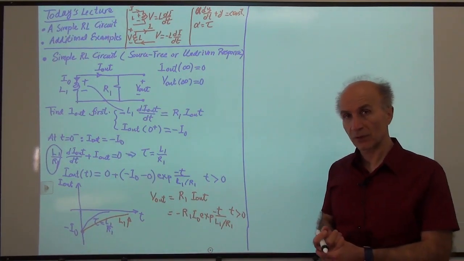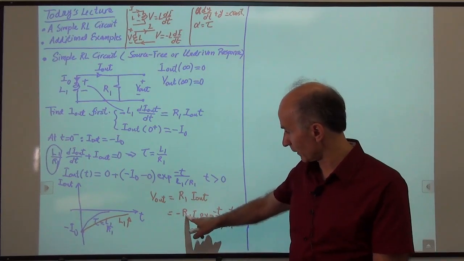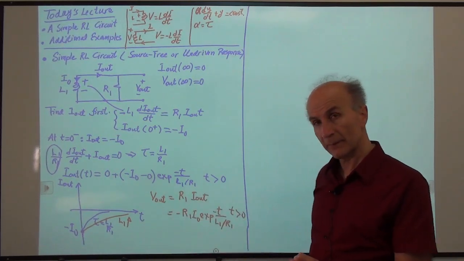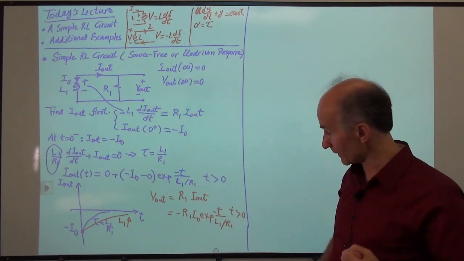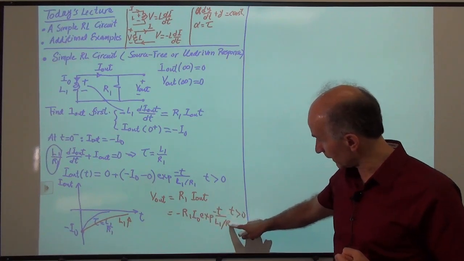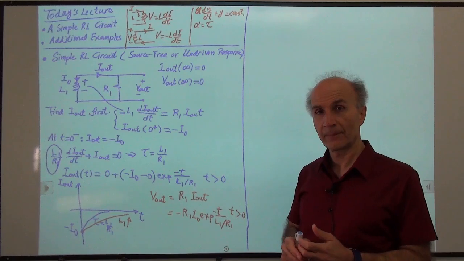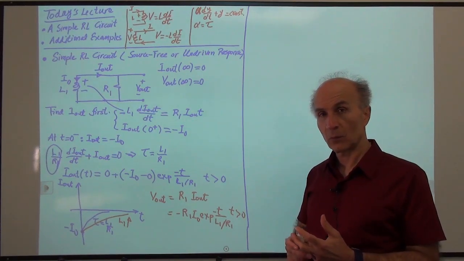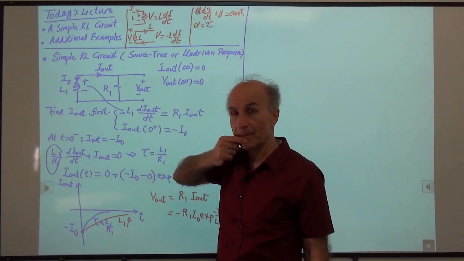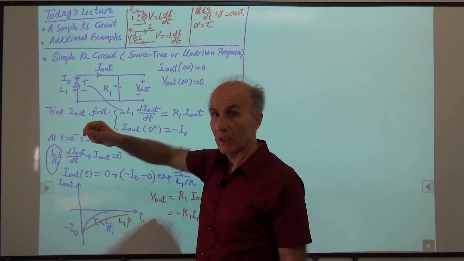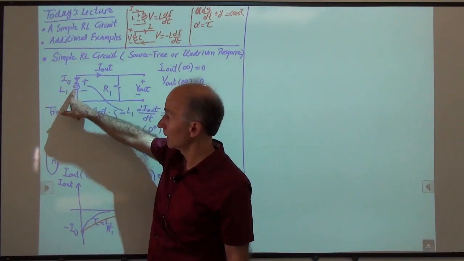Okay, that is the voltage. We can plot the voltage as well. It's very similar, right? The only difference is that there's an R1 here, otherwise similar to that. So this also says that at time 0 plus, the voltage at the output is negative. Why is the voltage that I measure from here to here negative? Well, this is because this inductor started with a current going in this direction, I0.